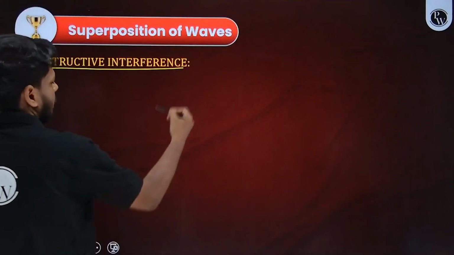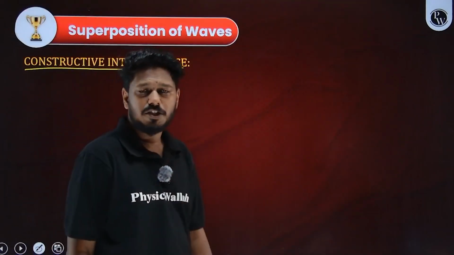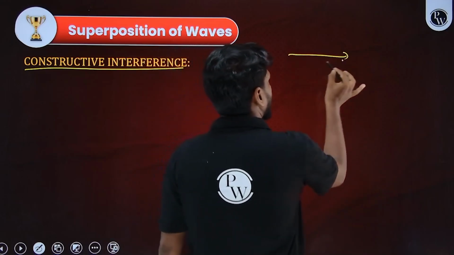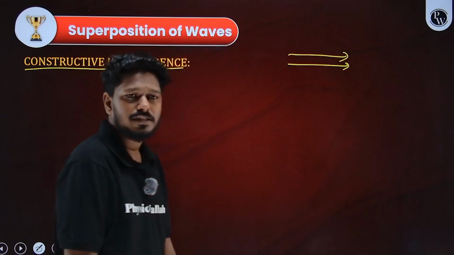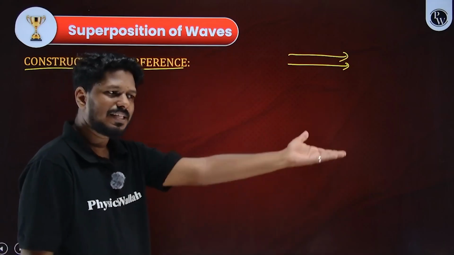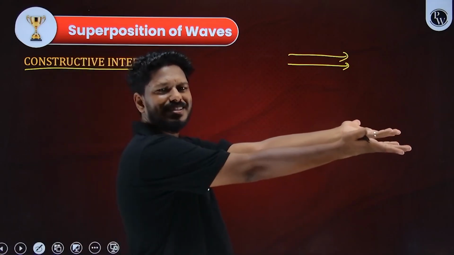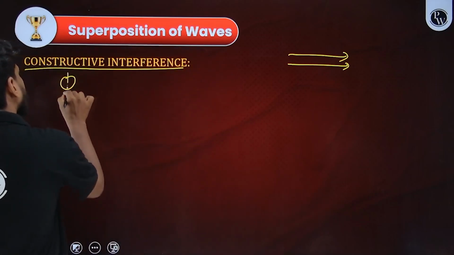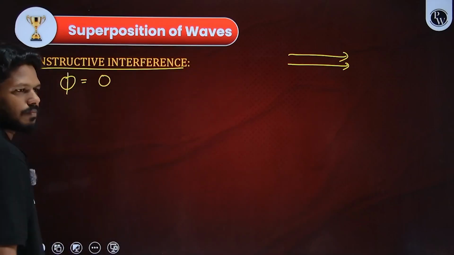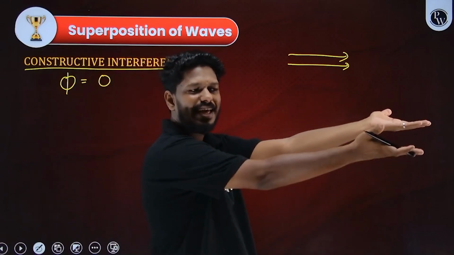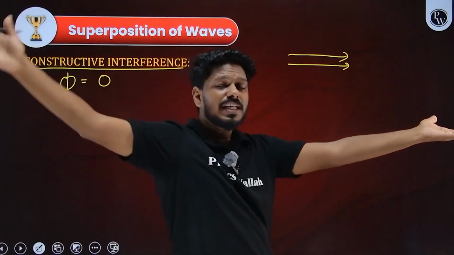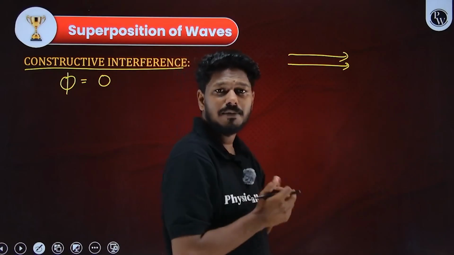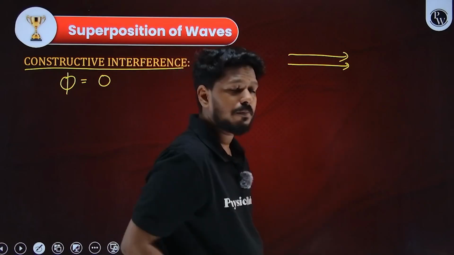So constructive interference. Constructive interference means both the waves are in the same direction. Let me say one wave is in this direction, and another wave is in this direction. So if the angle between them is equal to 0, or if one wave is here and another wave is having a phase difference of 2 pi. 2 pi means 1 revolution, so again they are in the same direction and they both will add up.